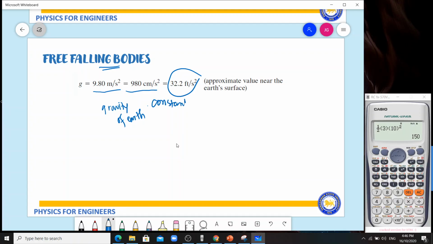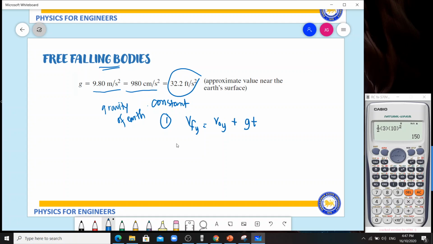So, the formulas for motion at constant acceleration are applicable here. The first formula is V final y equals V naught y plus g t.